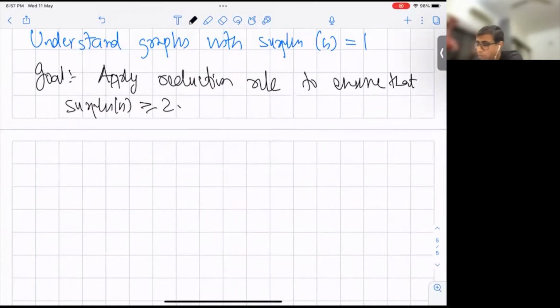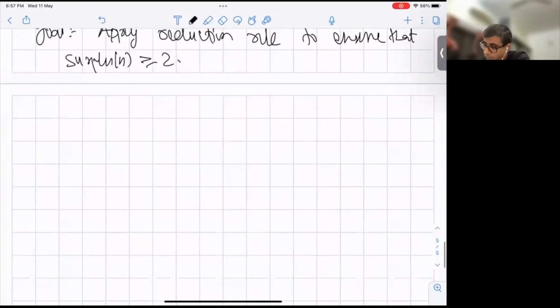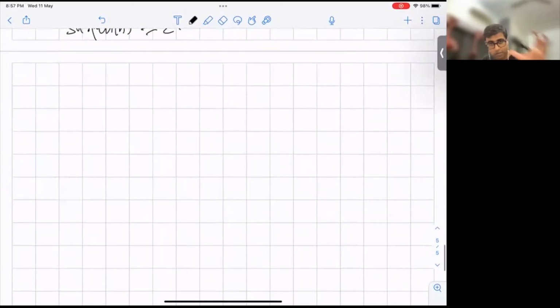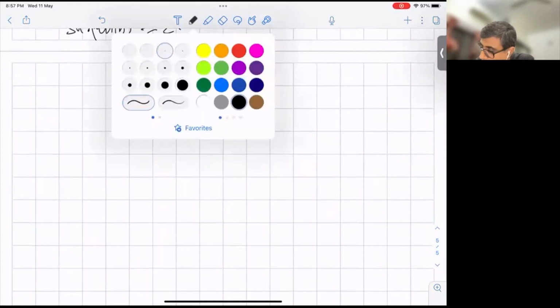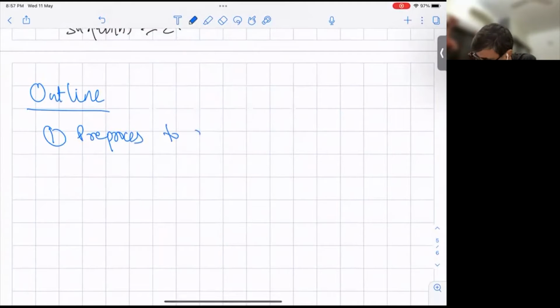So this is our algorithm's outline. First, pre-process to get all half as the unique LP solution.